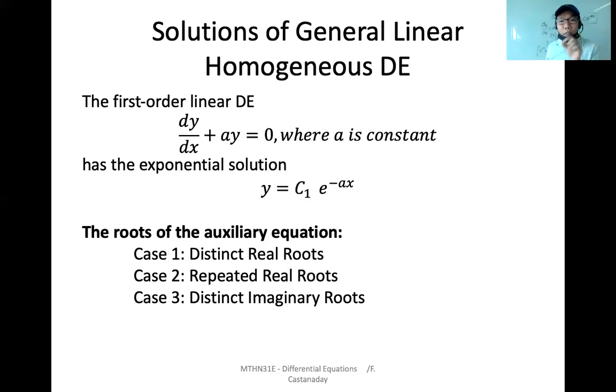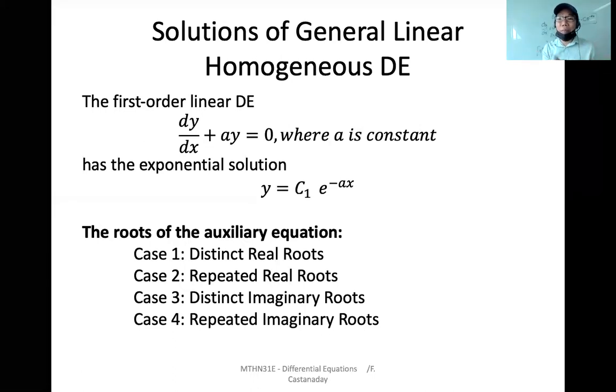So meron ka ng presence ng, syempre, complex number, yung may i na doon. Okay? Pero distinct. Okay, magkaiba. So yung maaring, pag nagkaiba ng sign, syempre distinct yun. Di ba? Pag sabi natin na plus i tsaka minus i, of course, magkaiba yung dalawa because of their sign. Okay, and the last case will be repeated imaginary roots.